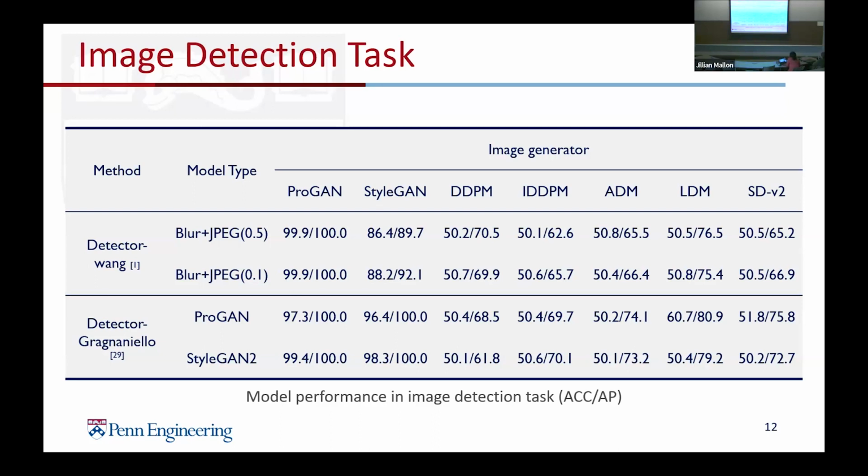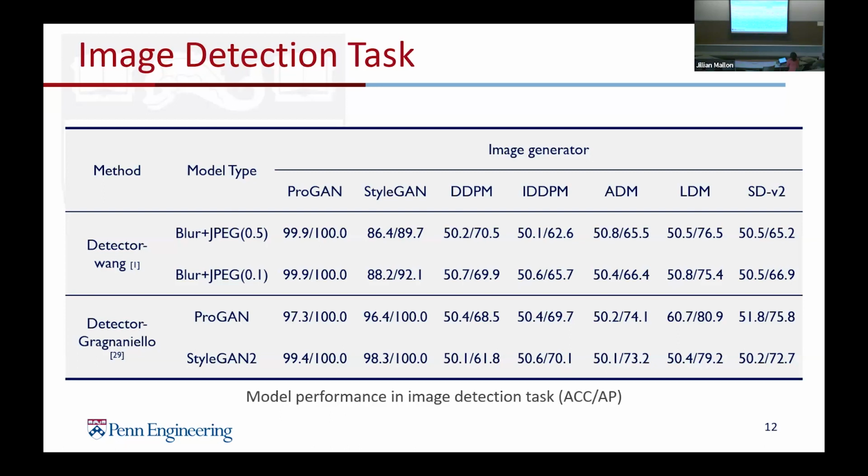One thing we can find from this table is that both detectors have good detection accuracy across the GAN-generated images. However, when it extends to the diffusion models, the detection accuracy drops sharply to only around 50%, which is equivalent to random guessing. So that tells us that the pre-trained detector is actually really bad at detecting diffusion models, although it is highly proficient on GAN-generated images.